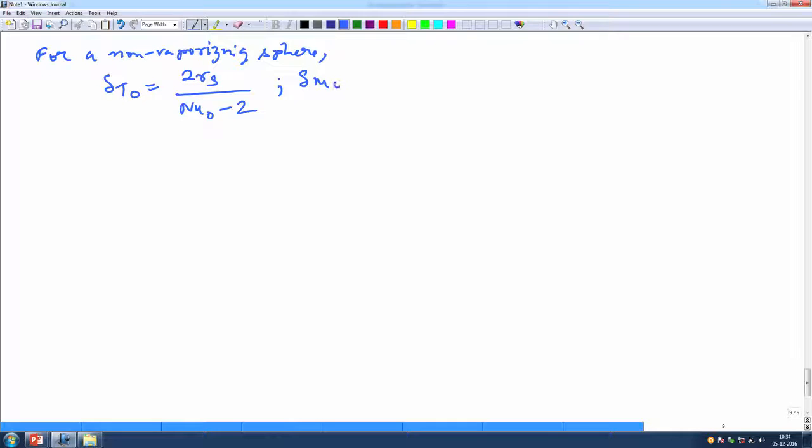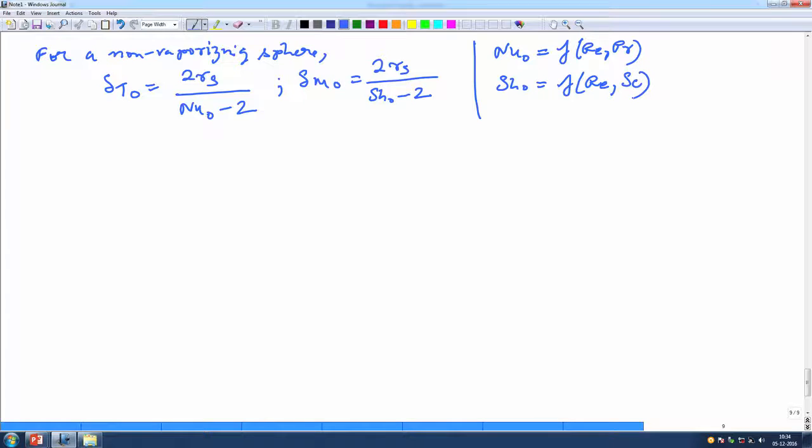The corresponding delta_M0 is given similarly. You remember that the Nusselt number is a function of Reynolds number and Prandtl number. This you know from your heat transfer. The Sherwood number is a function of Reynolds number and Schmidt number, right. So, for a non-vaporizing sphere that is the case. So, this essentially assumes that it is a conduction model, right. A non-vaporizing sphere is a conduction model.